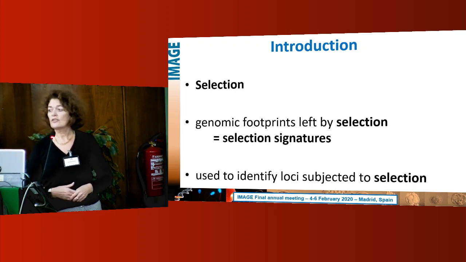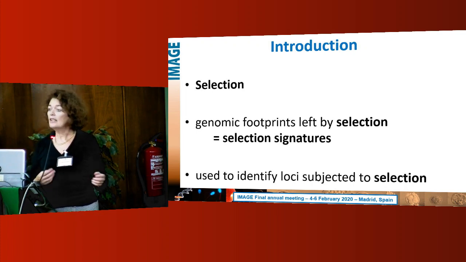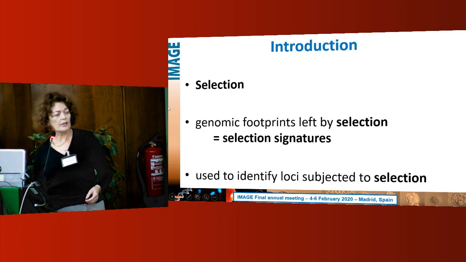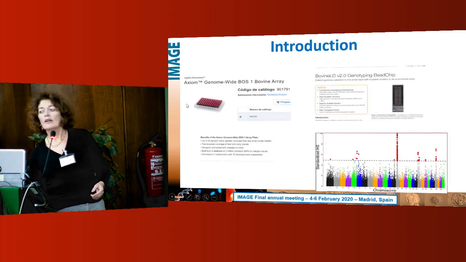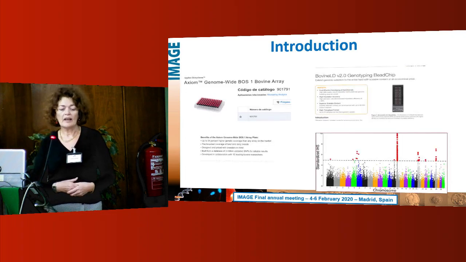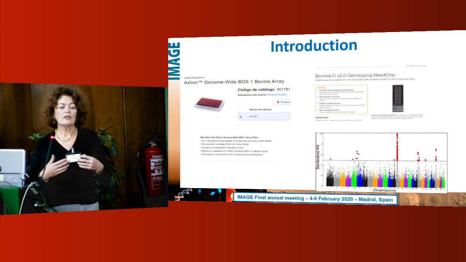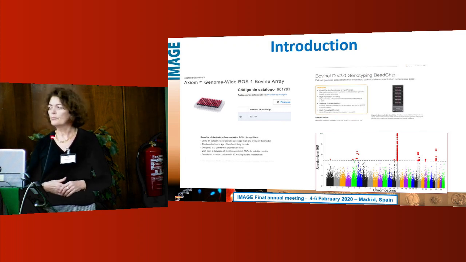These signatures of selection are very important to identify the loci which are subject to selection and understand complex traits which are difficult to apprehend. In the last years, we have seen a large increase in genotyping, mostly of single nucleotide polymorphisms, SNPs, that are now very cheap to produce.